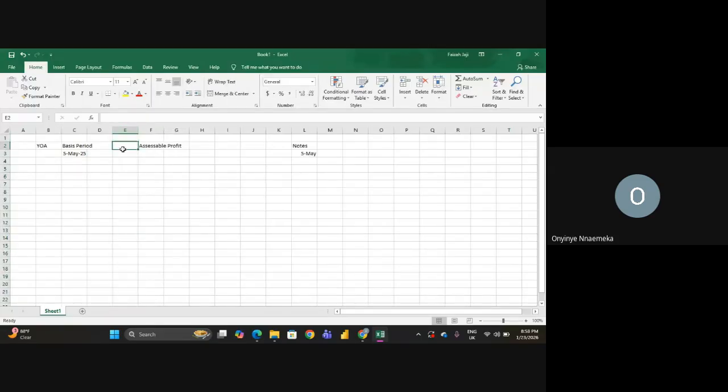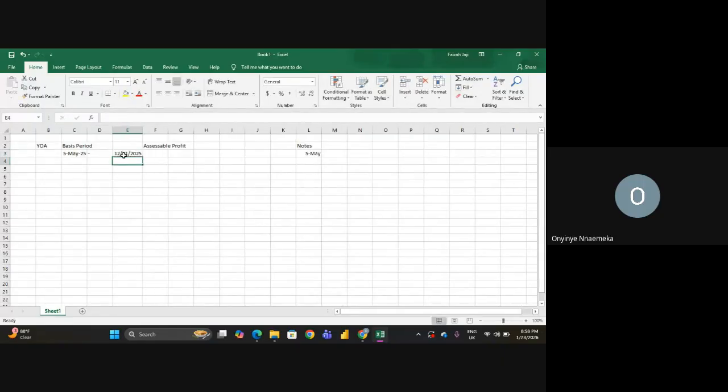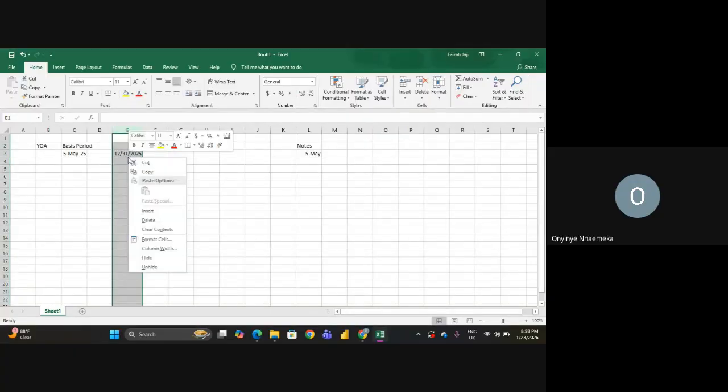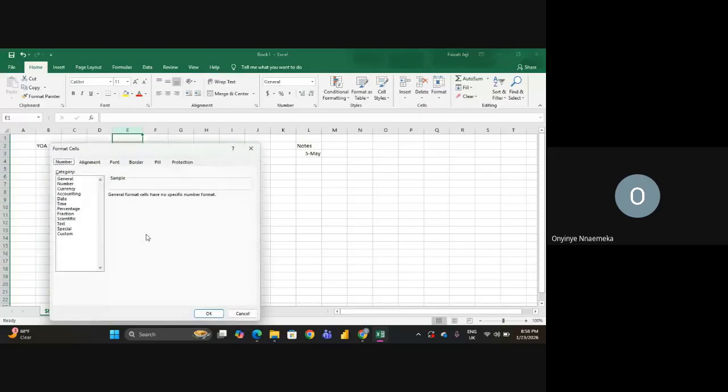Okay, so to 31st December 2025. So the basis period will cover that particular cell.